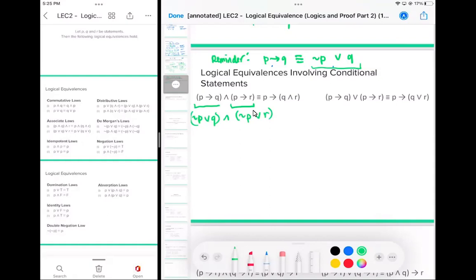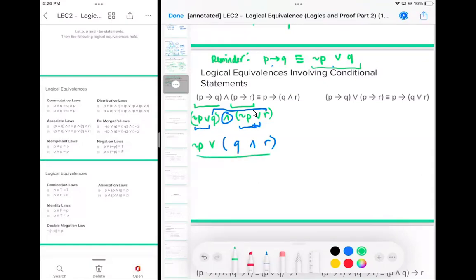Now, we see a similar variable in both sides, so we can factor that out. So we have the not P, or the AND of Q and R. Okay, Q and R. Now, we can now convert this form into the implication form.